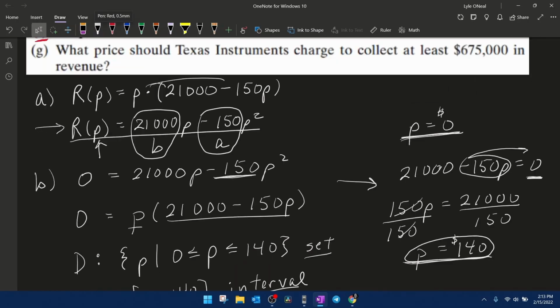And for the last part, part G, it says what price should TI charge to collect at least $675,000 in revenue.